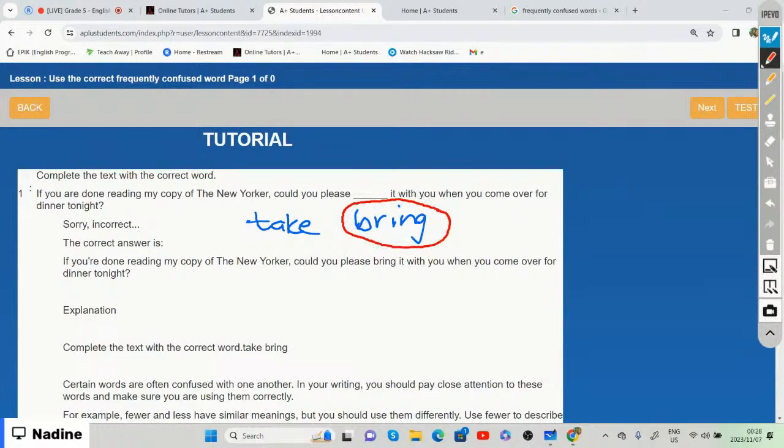Remember, we use the word take when you're going the opposite way. You're bringing it to me because you're coming to me, and you take it to whoever when you are leaving or going to someone else. That is the difference between taking and bringing.